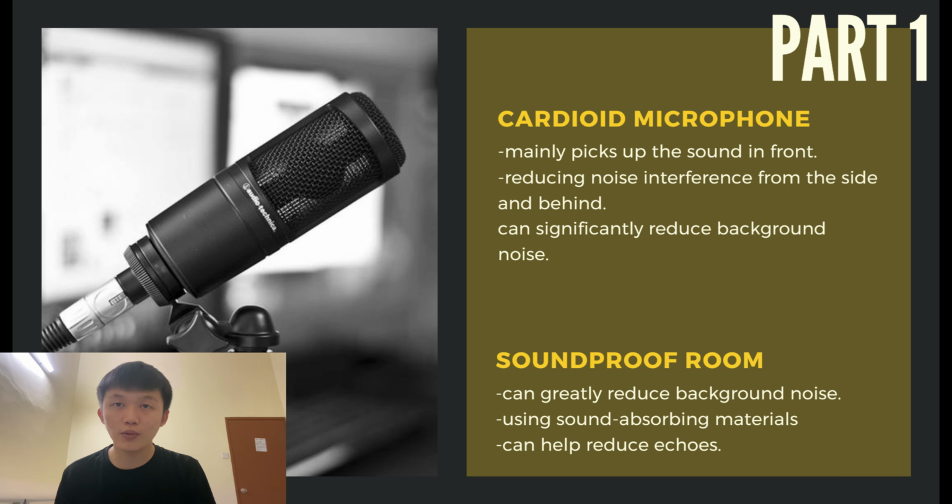In addition to the microphone, the recording environment is also crucial. Recording in a quiet, soundproof room can greatly reduce background noise. Using sound-absorbing materials such as heavy curtains or soundproof panels can also help reduce echoes.